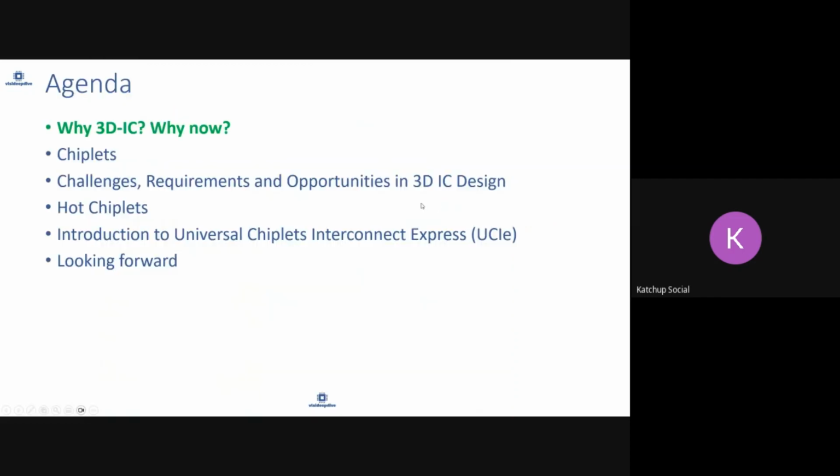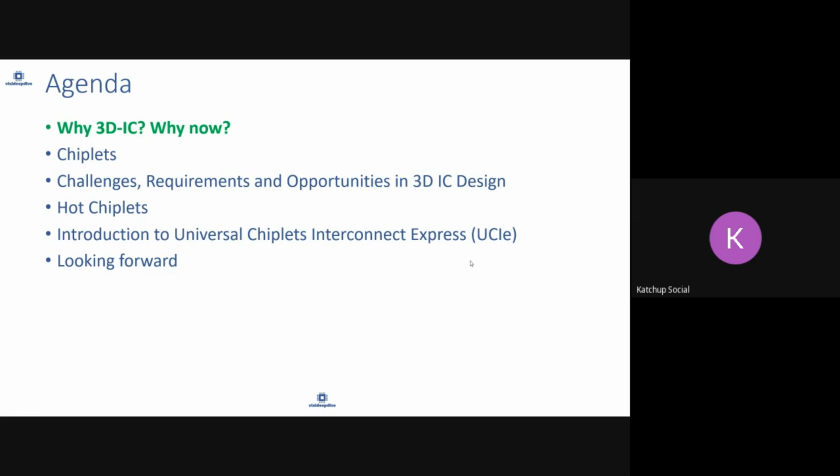So let's get started. This is the agenda we'll be covering. Why 3D IC and why now? We'll talk about chiplets. We'll also talk about challenges, requirements, and opportunities in 3D IC design. We'll also talk about hot chiplets, some of the recent chiplets which have been designed.